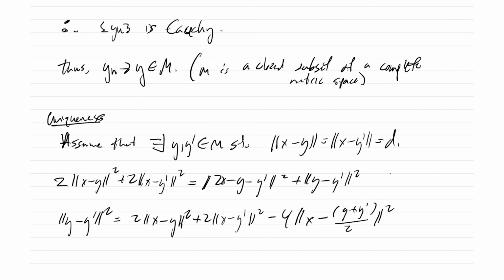So this term here is still in M because it's a linear subspace, and so this has to be bigger than or equal to d, and this one is equal to d, and this one is equal to d.